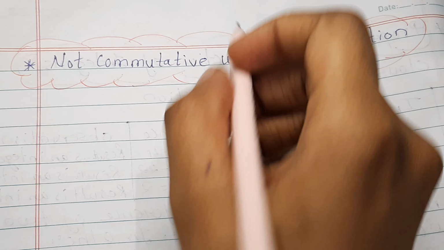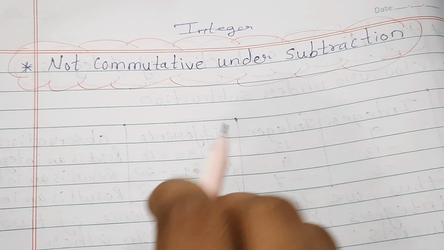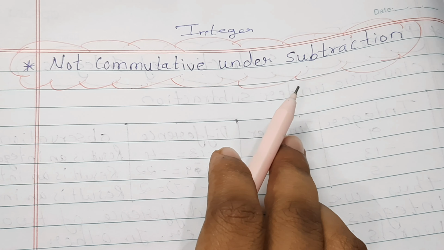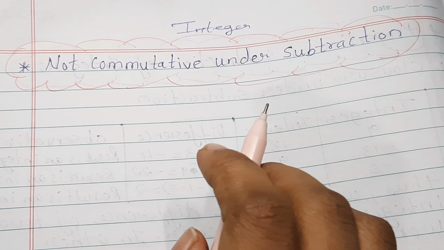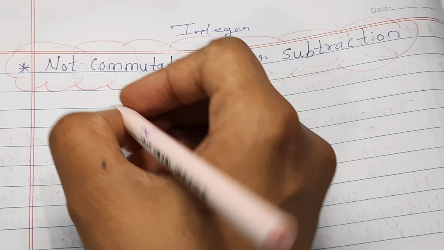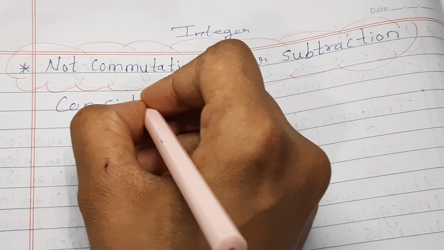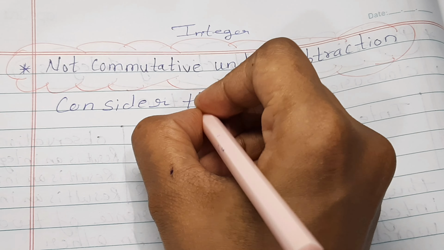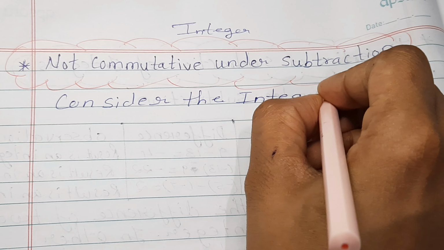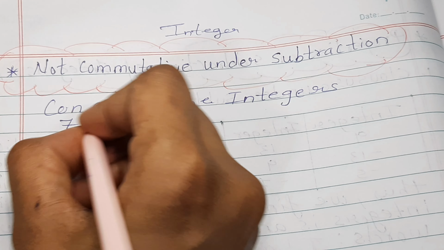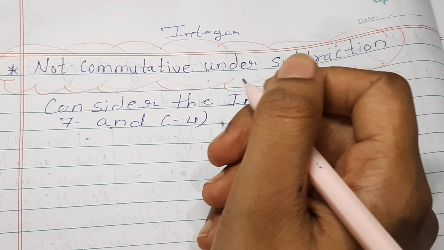So we will see, basically it is not commutative under subtraction, meaning we are talking about the integers. Okay? So first we will consider the integers, like 7 and minus 4 I will consider.